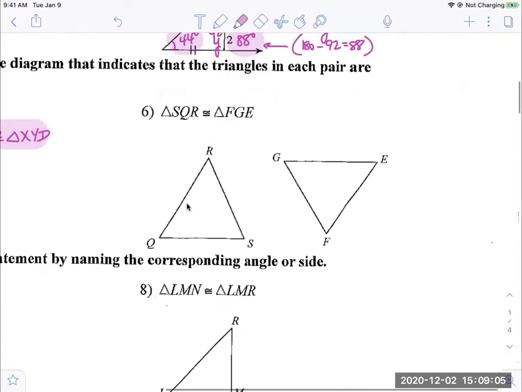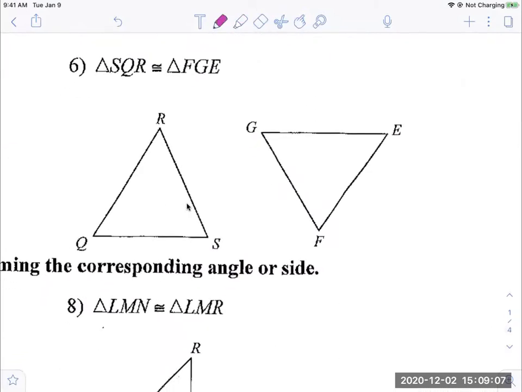And then for the second one, it's saying mark everything that matches. So angle S should be congruent to angle F. Angle Q should be congruent to angle G. And then angle R is congruent to angle E. Across from the single marked angle is segment QR, and then across from F is GE. So QR, GE. Across from a double marked angle, I'm going to put 2 marks on those sides.